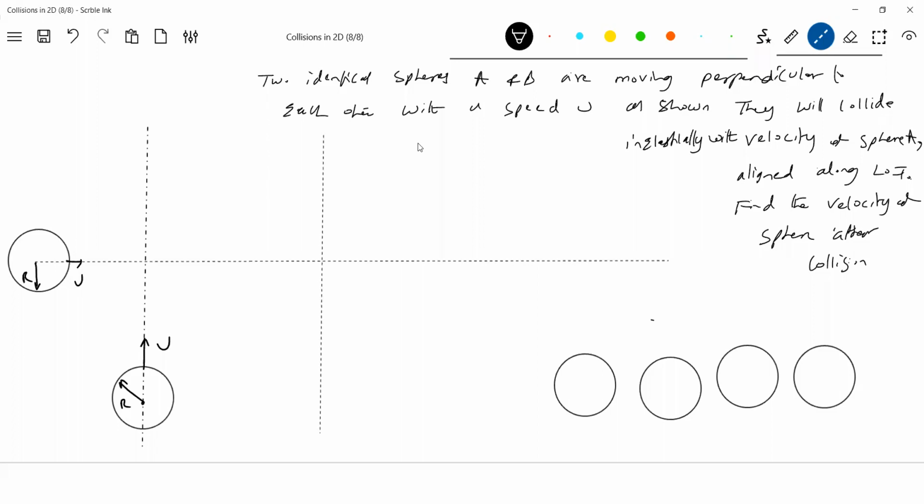Let's go for just like when they're in contact, how they will be.